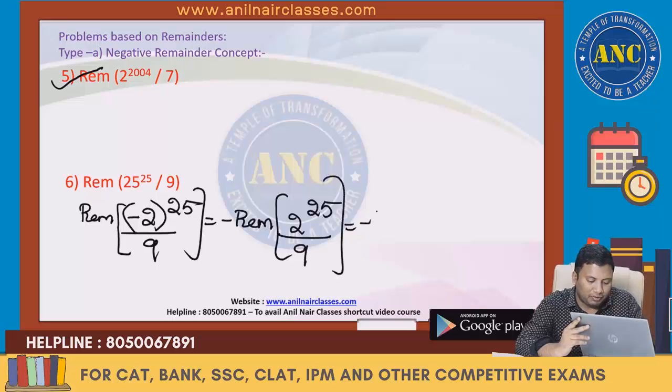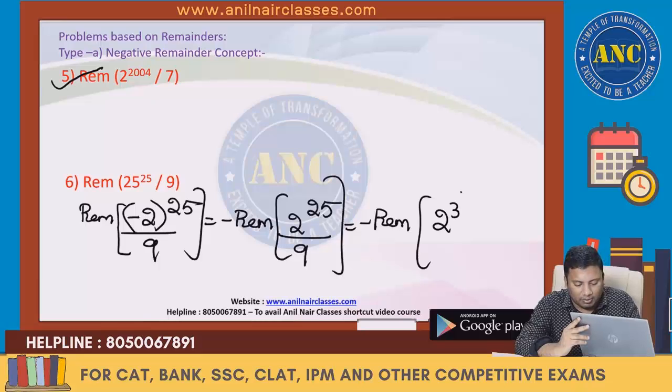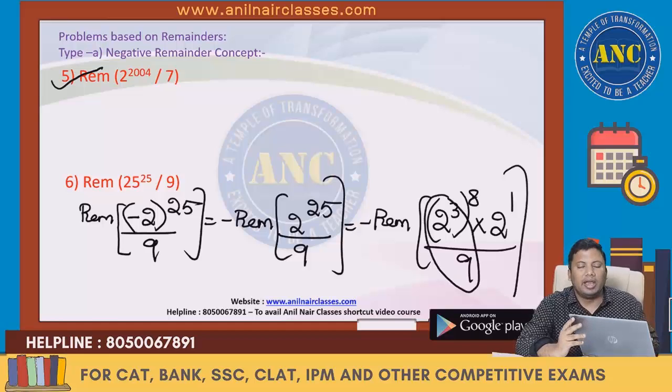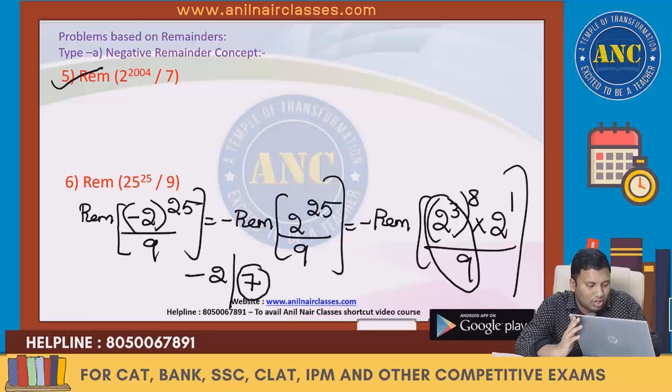Which power of 2, when divided by 9, gives plus 1 or minus 1? 2 cube is 8, so 2 cube power 8 into 2 power 1 divided by 9. 8 by 9 is minus 1, and minus 1 power even is plus 1. So the negative remainder is minus 2, and the positive remainder will be 7.